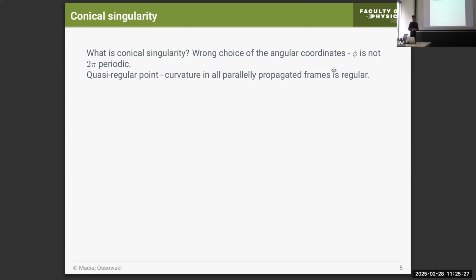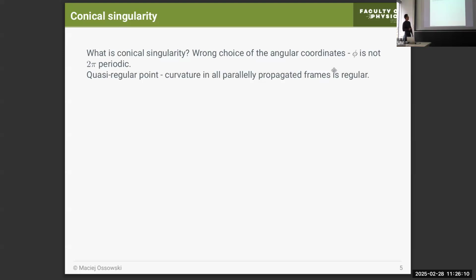Of course, if you have such a cone, then there is no possibility of associating to the cone any tangent space. There's no possibility of defining at the tip of the cone any differentiable structure. So it should be some kind of a singularity. And in fact, it has been shown that, for example, in Taub-NUT, the conical singularity, the singularity of the axis, corresponds to the so-called quasi-regular singularity. The axes are quasi-regular points.